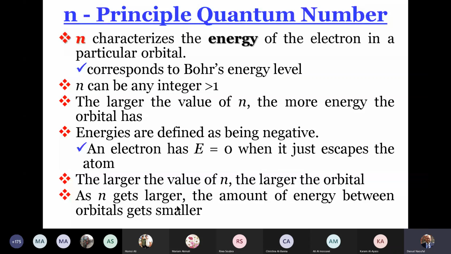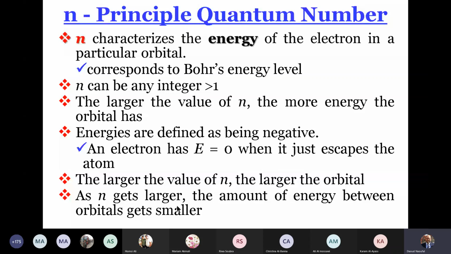So what is N equal 1? N equal 1 is an area. I call N equal 1 the first area from the nucleus. N equal 2 is the second area from the nucleus.